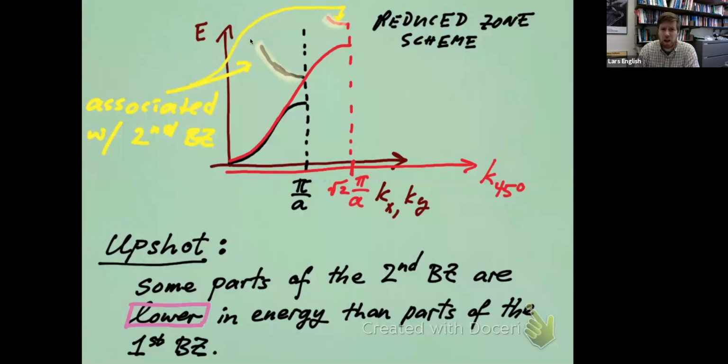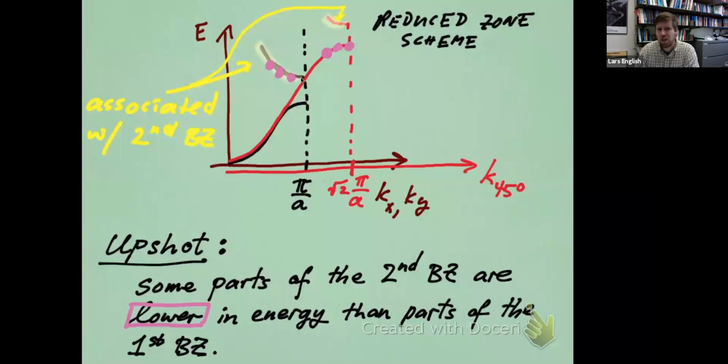Some parts of these branches, this branch in particular here, are lower in energy than other parts that still fall within the first Brillouin zone. For instance, compare these three states here to those three states there.